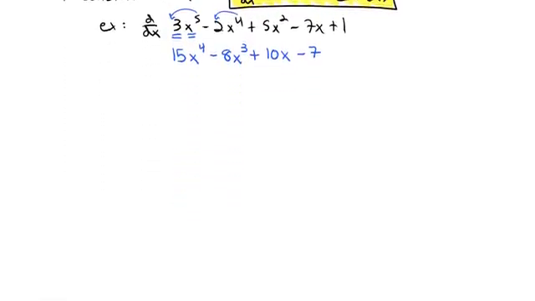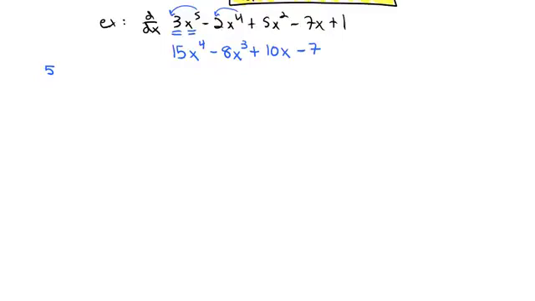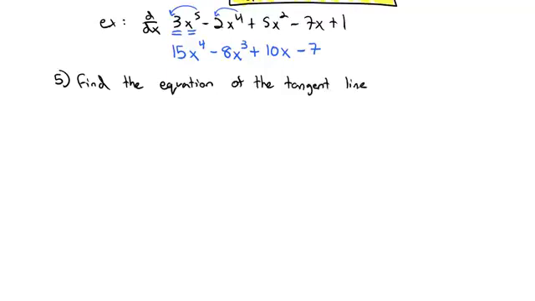Now, in fact, we should be able to quite quickly find the equation of the tangent line to f of x equals 4x cubed minus 2x squared plus 5x minus 1 at x equals -1. Well, first we need to know what the y-coordinate is that we're going to end up with.